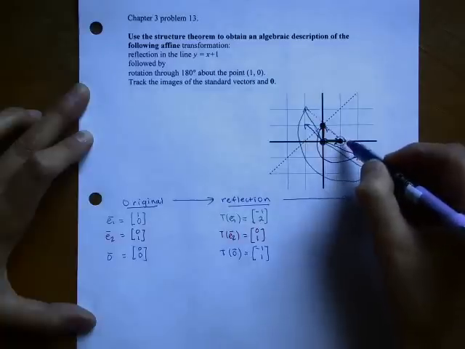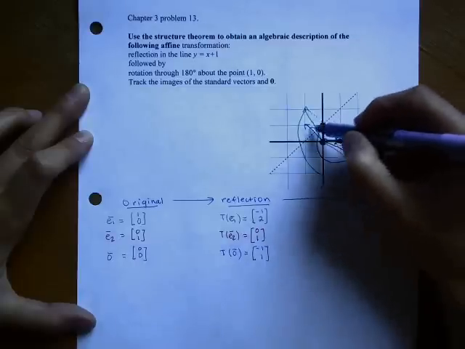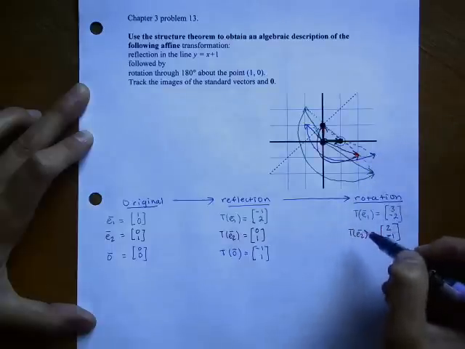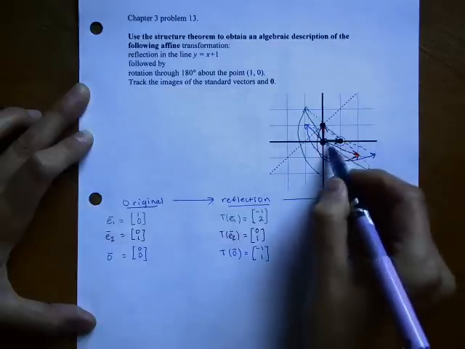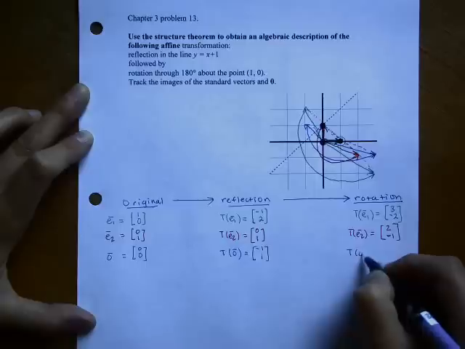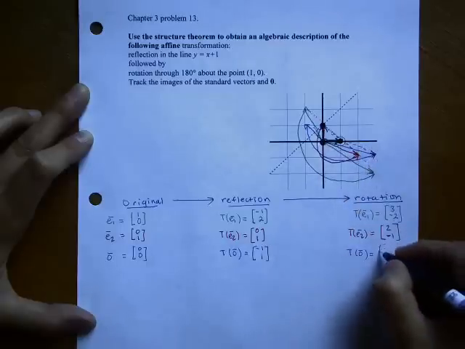Now to rotate that around this point by 180 degrees, it's going to end up over there. So our transformed 0 vector is equal to 3, negative 1.